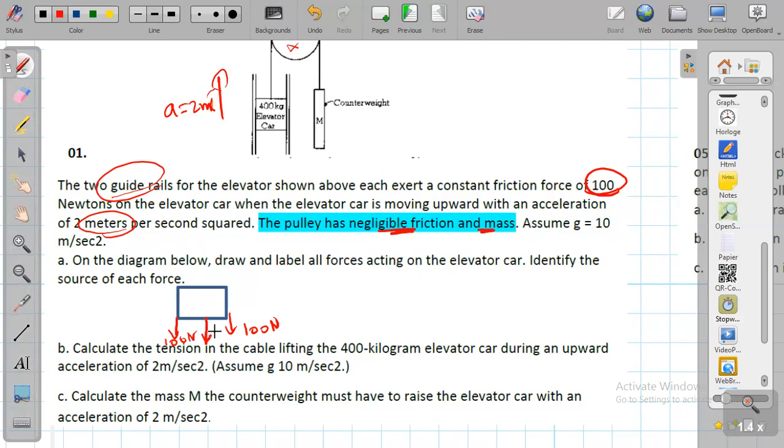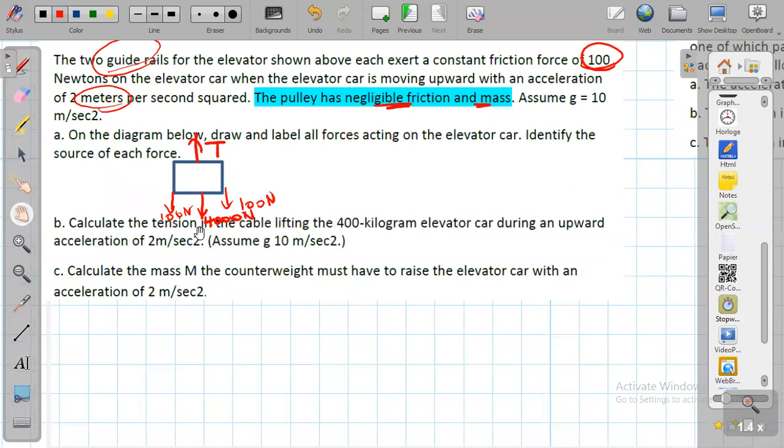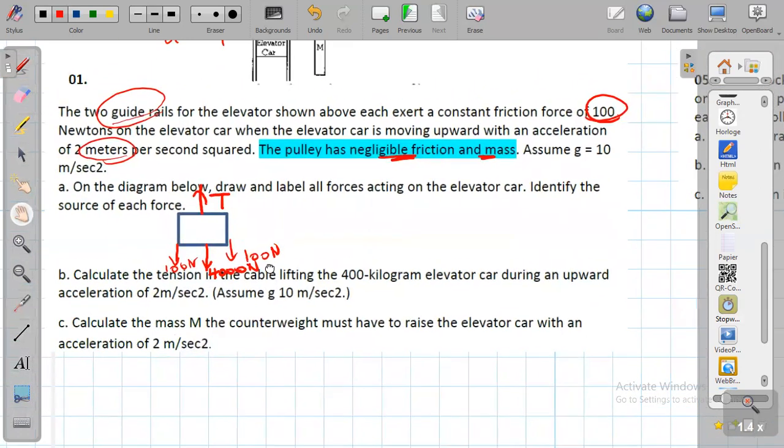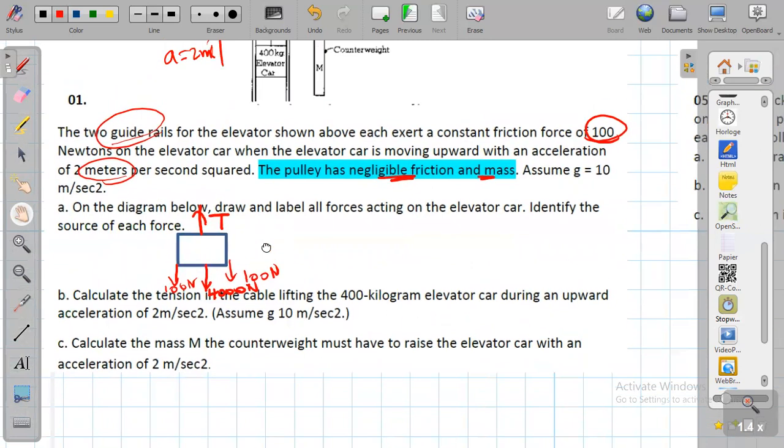And the weight is 4,000 newtons because the mass is 400 kilograms. The acceleration is 2 m/s², and there is a tension in the cable. These are the forces that apply. Calculate the tension in the cable lifting the 400 kilogram elevator car during an upward acceleration of 2 m/s².